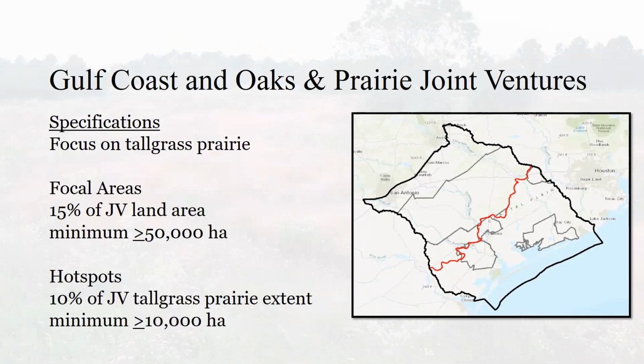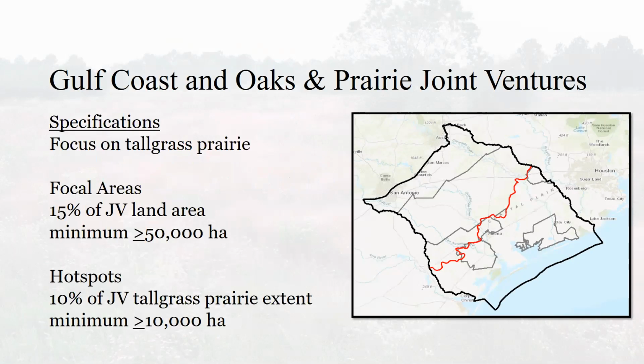And in this case, we're only looking at tallgrass prairie products instead of all habitats like we did with the previous products. For the focal areas, we wanted to identify 15% of the land area in each JV territory, with a minimum size for each area set to 50,000 hectares.